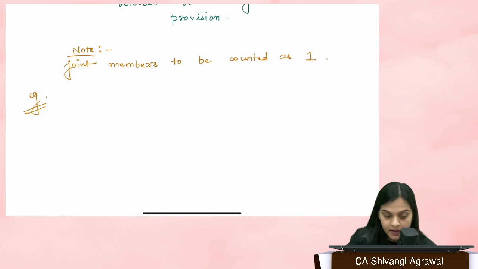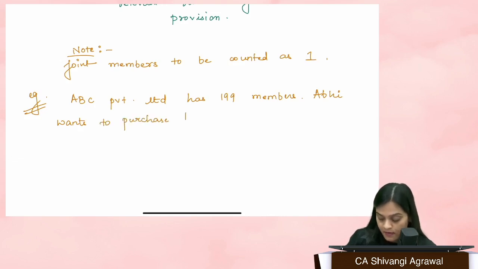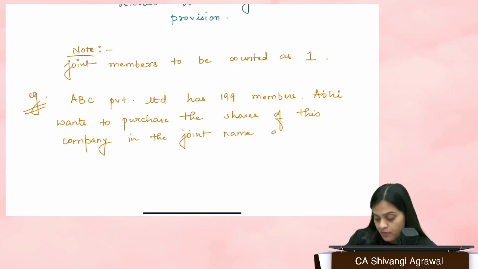Example: ABC Private Limited has 199 members. Abhi wants to purchase the shares of this company in the joint name along with his wife.